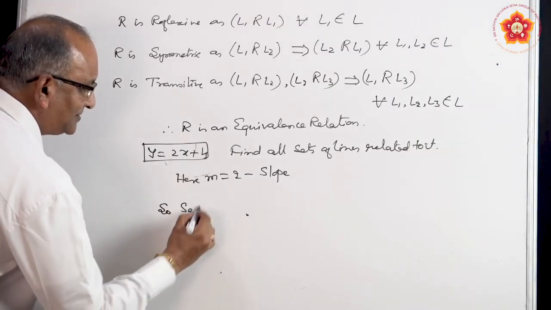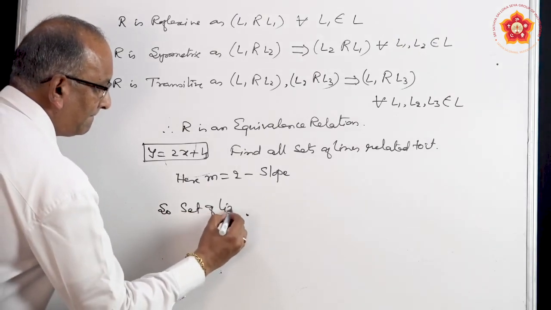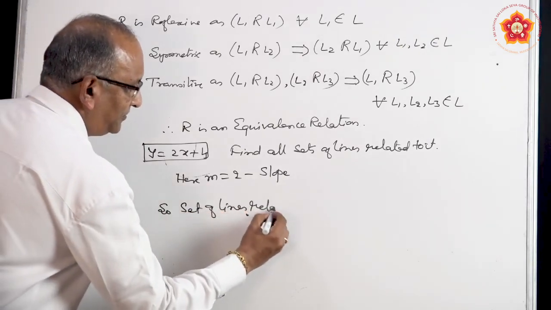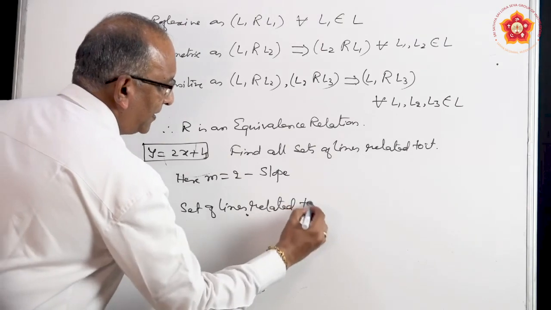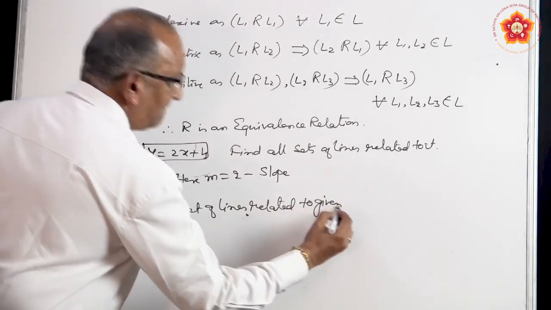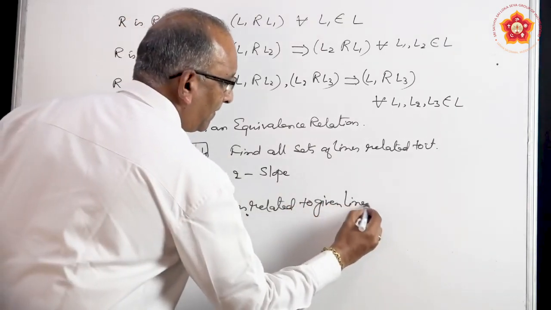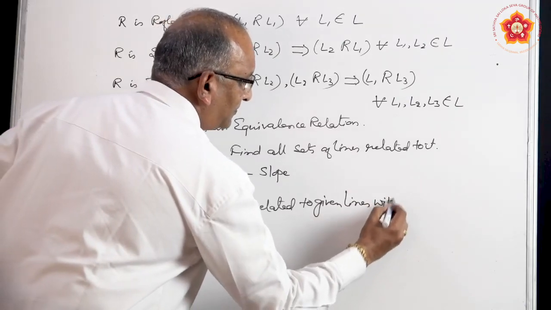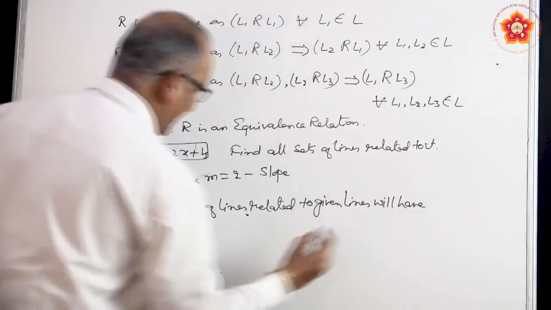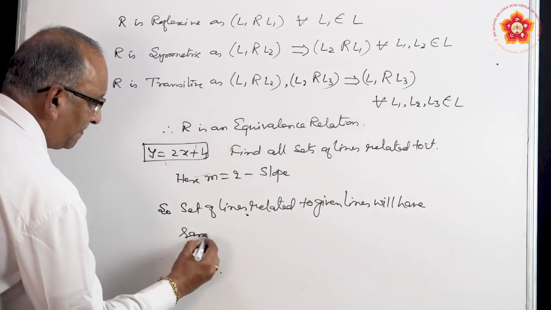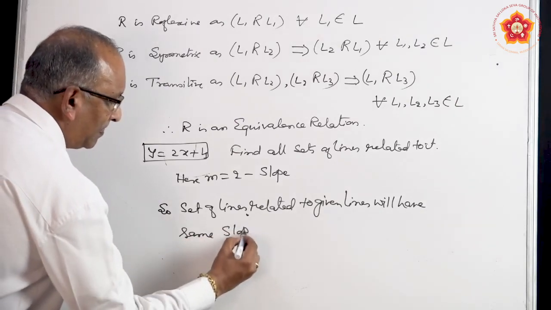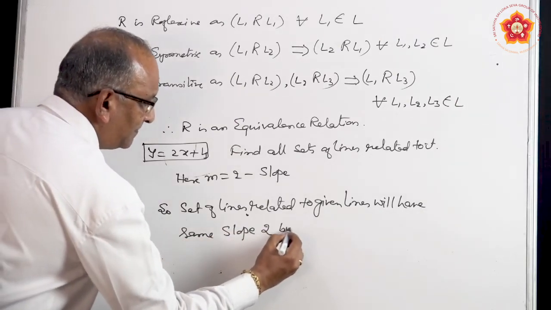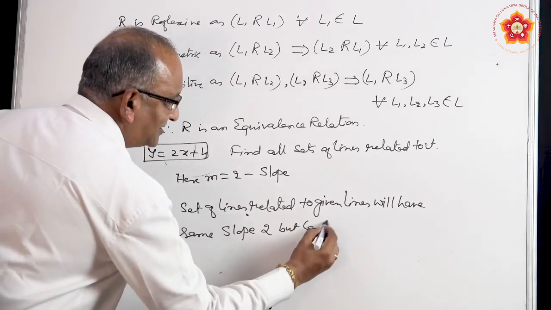So, the set of lines related to the given line will have the same slope 2, but the constant can change.